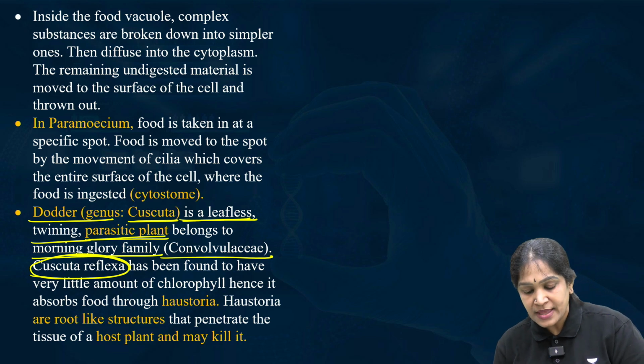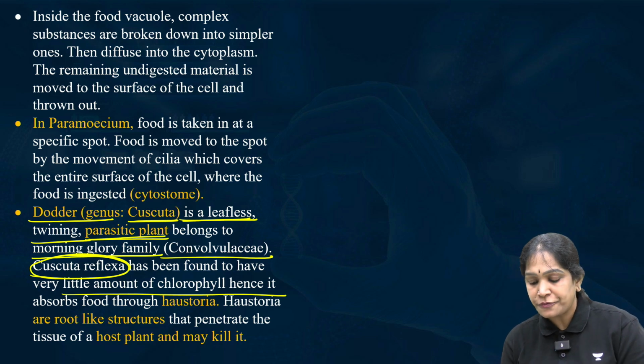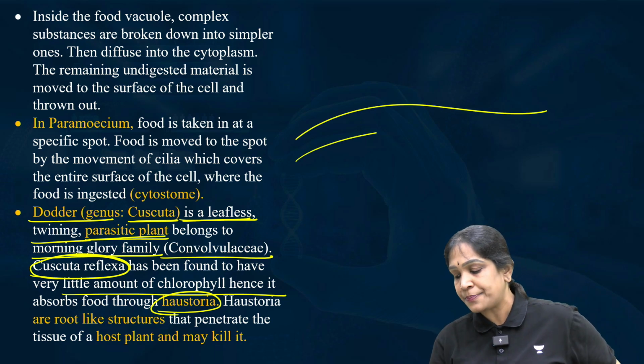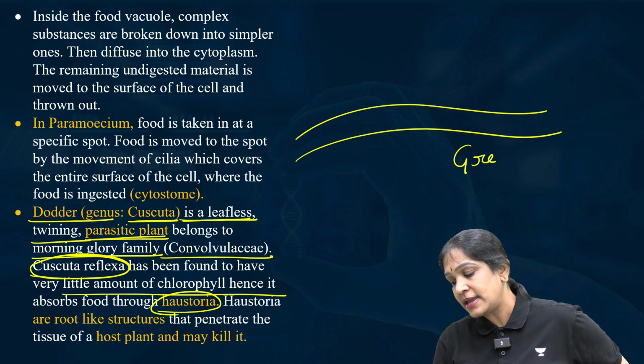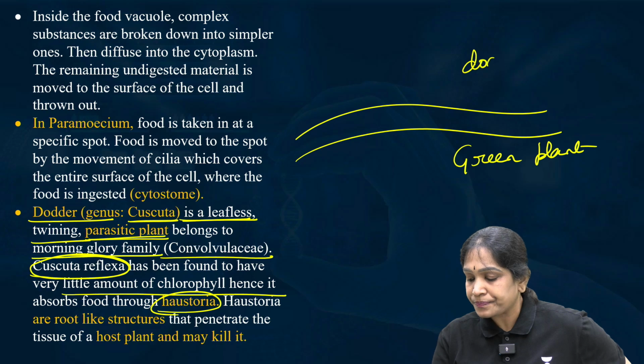Cuscuta reflexa has very little chlorophyll, therefore it absorbs the food through haustoria. What do haustoria mean? Let us suppose this is a green plant, and let us suppose this is dodder.